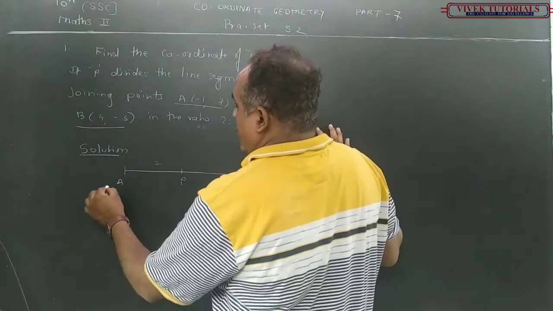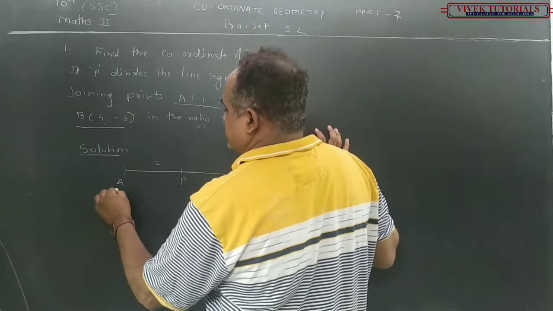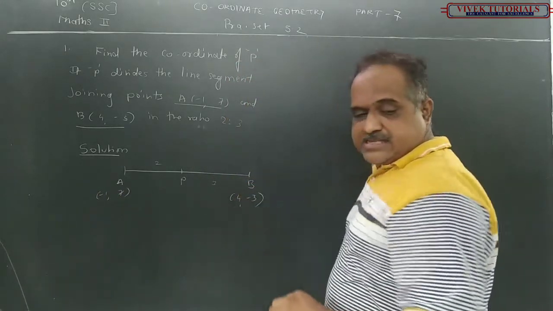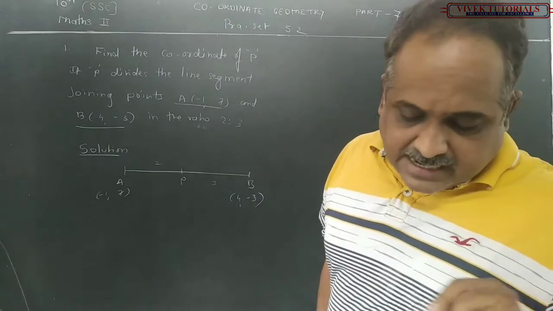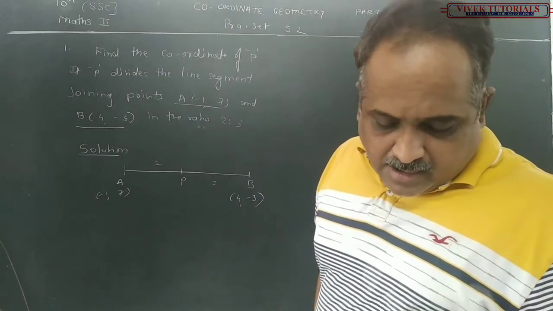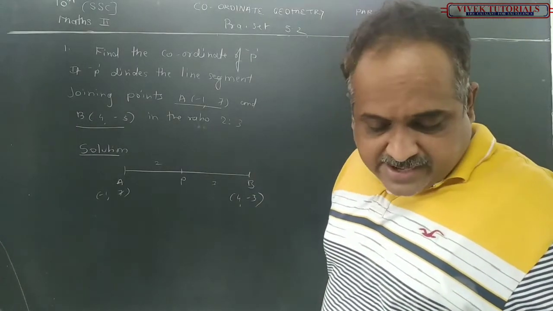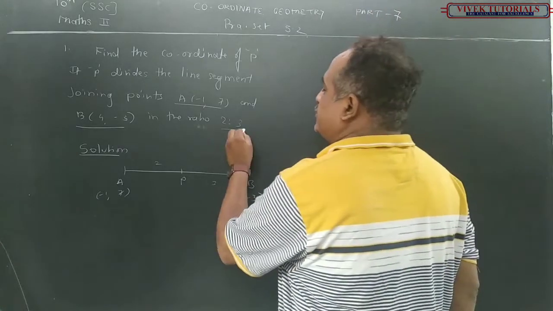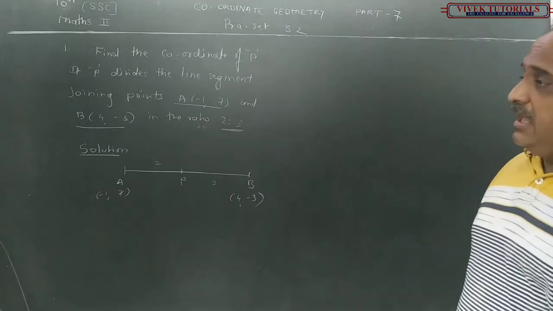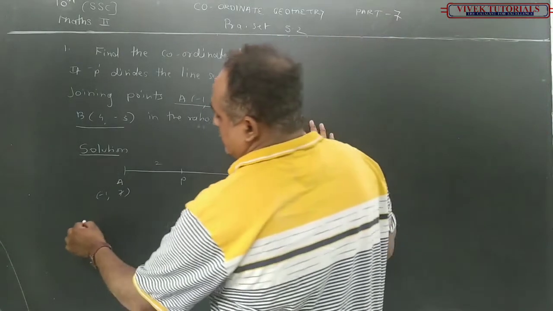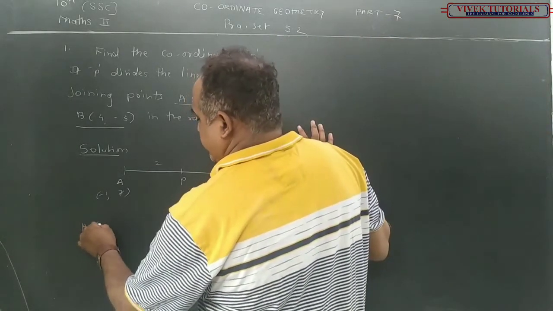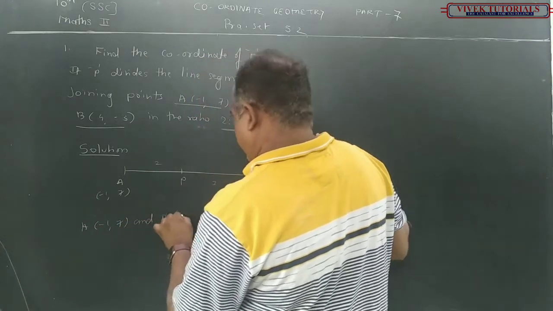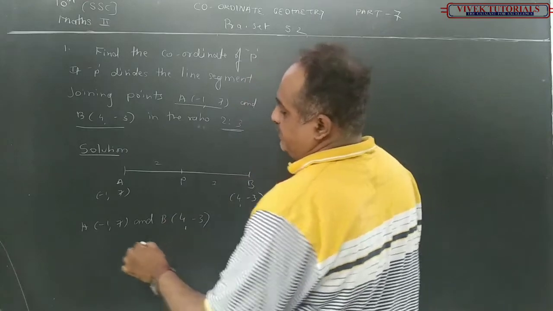Now, the coordinates of A are -1, 7 and B are 4, -3. Let me check it once again. -1, 7 and 4, -3, ratio 2:3. Is it right? So A is -1, 7 and B is 4, -3.